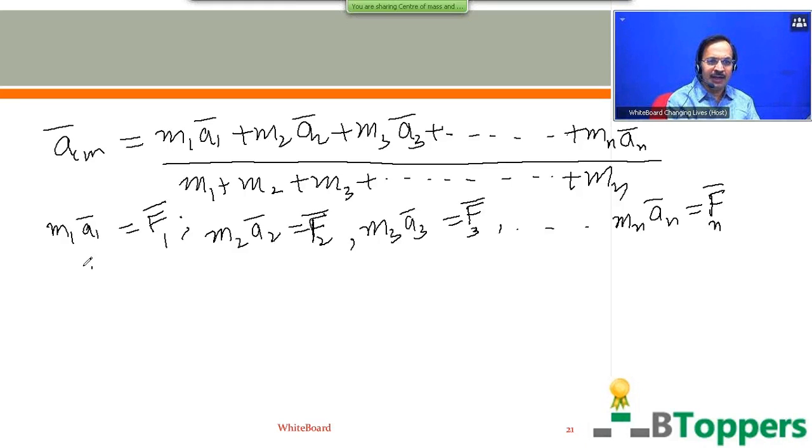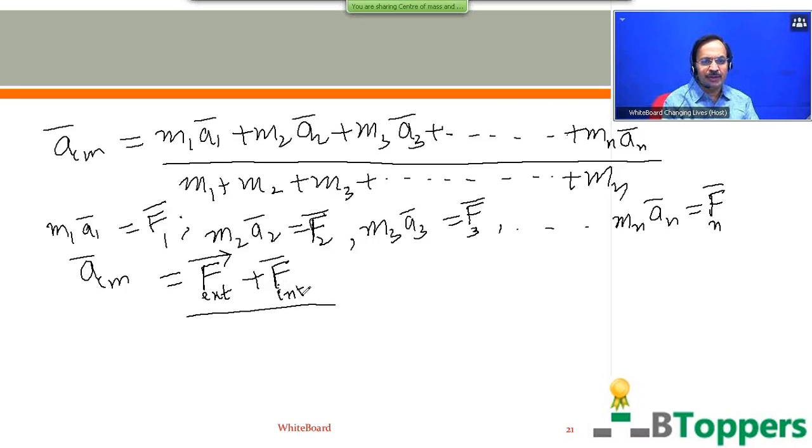So the acceleration of the center of mass of the system of all the particles is the vector sum of all the forces acting on all the particles of the system divided by the sum of the masses of all the particles of the system. The vector sum of all the forces acting on all the particles of the system can be written as the vector sum of the external forces and the vector sum of the internal forces between the particles of the system.